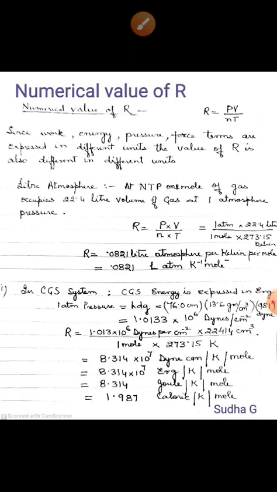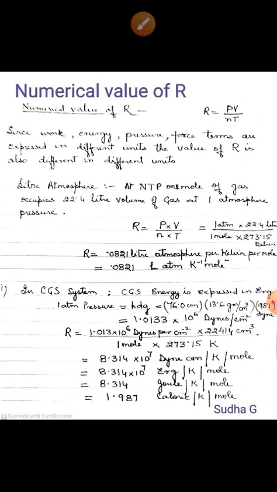First, we will discuss in terms of liter atmosphere. At NTP, that is normal temperature and pressure, 1 mole of gas occupies 22.4 liters at 1 atmospheric pressure, and for 1 mole of gas, R is equal to PV upon nT.